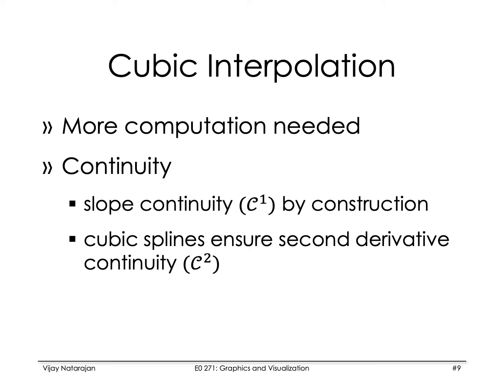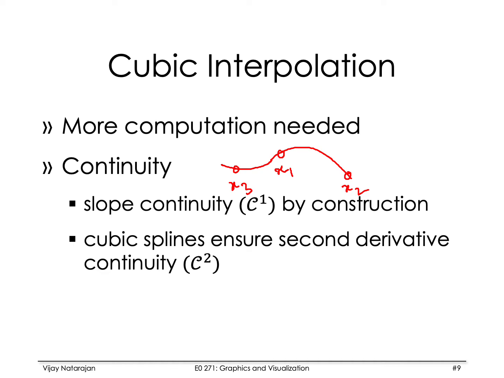So it's clear that for adjacent points, let's say x1 and x2, and then there is another interpolant that begins with this same x1, between x1 and x3 we have another cubic interpolant.